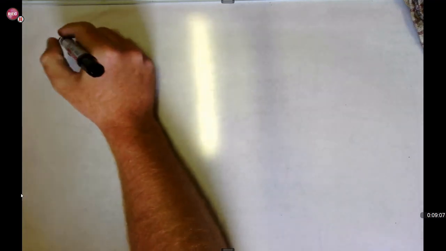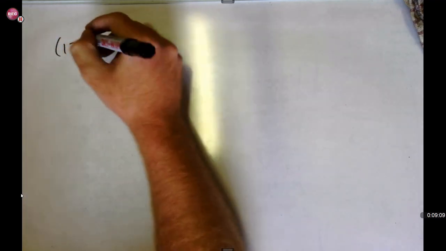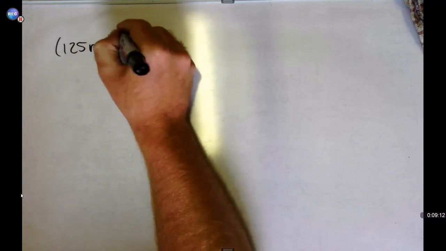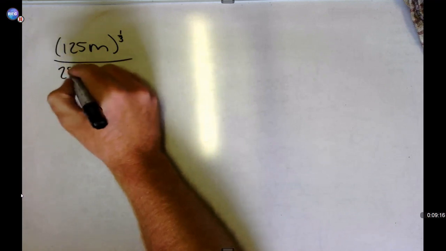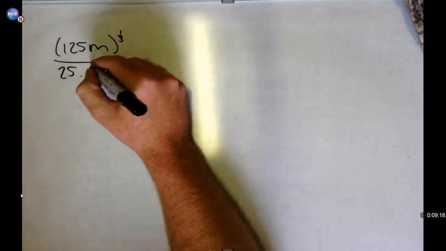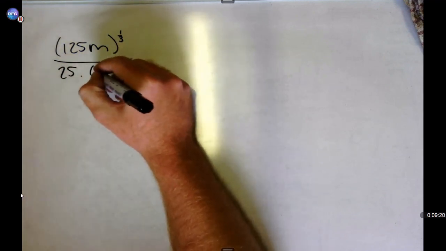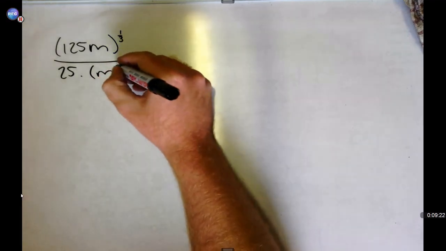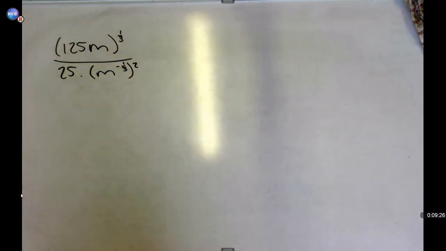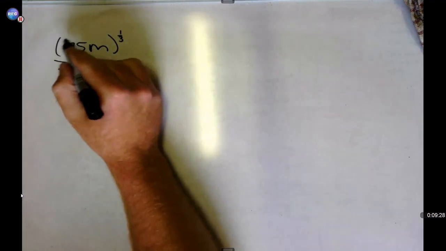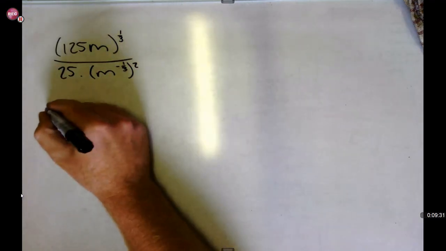For the next expression, we will look at the following. We then have 125 m to the power of a third, there we go, and we'll put that over 25 times m to the power of negative a third. Oh, that can make things interesting, and then a 2 on the outside. Okay, this you have to break up into prime factors.